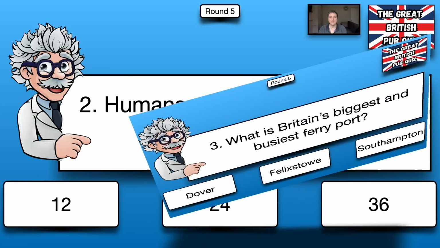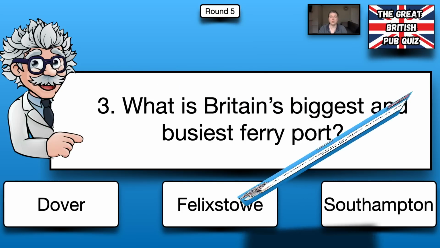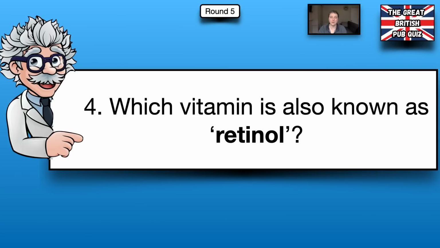Number 3. What is Britain's biggest and busiest ferry port? Dover, Felixstowe or Southampton? Number 4. Which vitamin is also known as retinol?